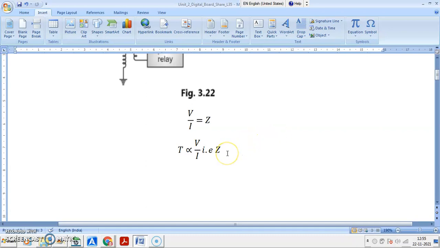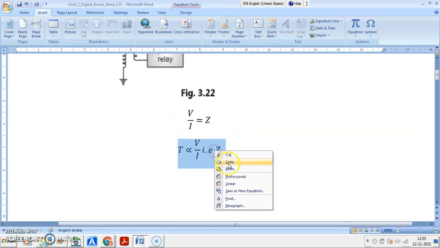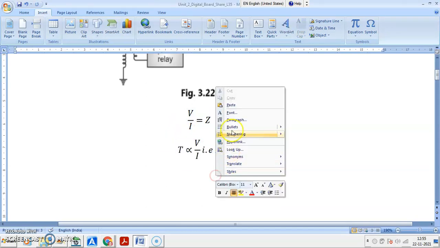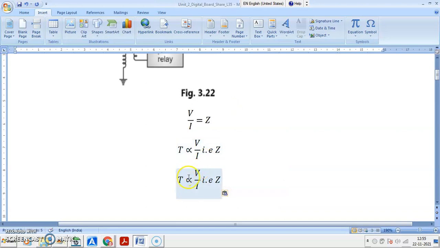And impedance I can also write with Z, and Z is proportional to distance.